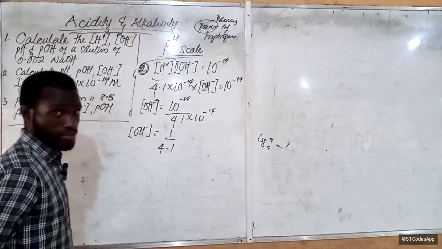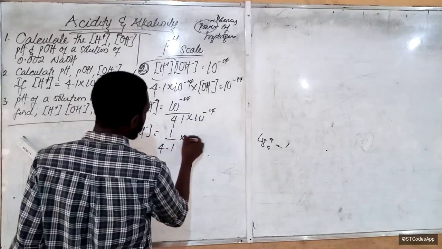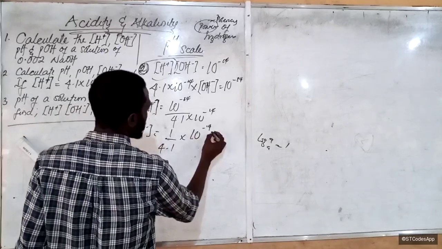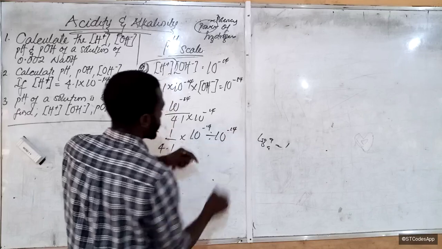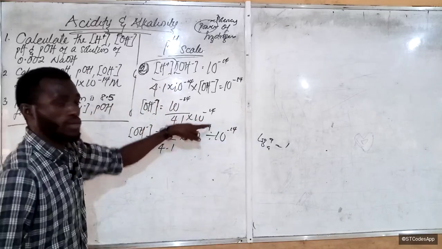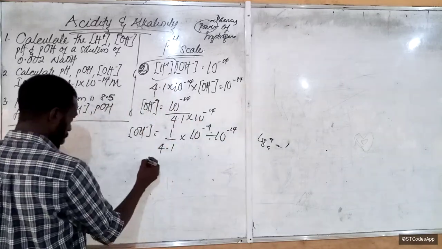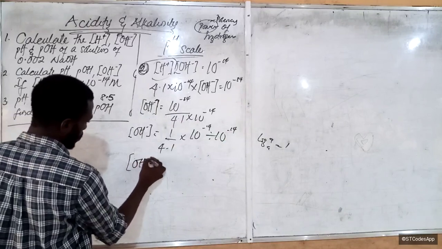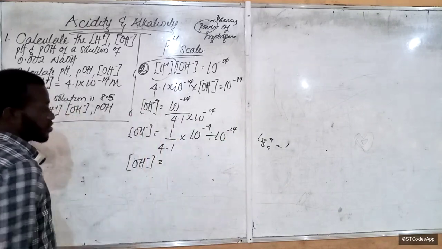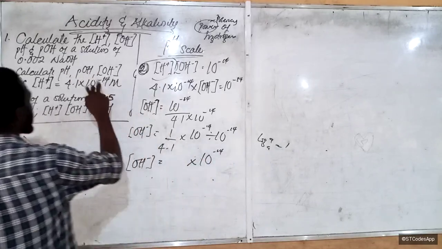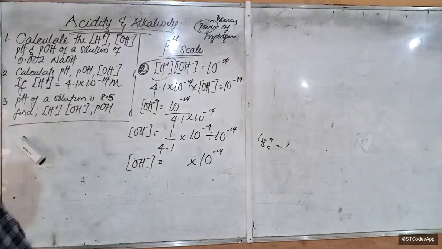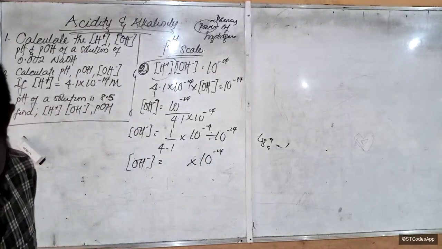Times 10 raised to the power minus 14, divided by 10 raised to the power minus 4, because this is under. Is that okay? All right, so you have OH minus is equal to, you use your calculator for this, times 10 raised to the power minus 14. Let me check if the question is 14.